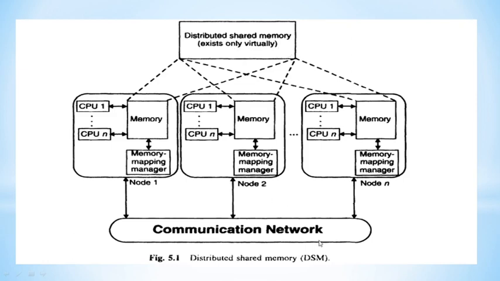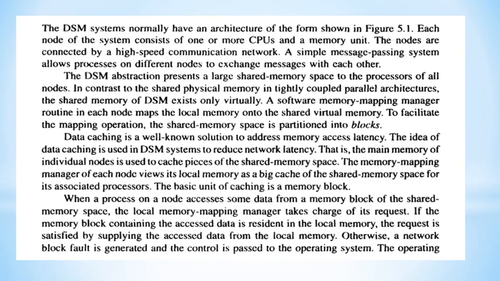This is the architecture of distributed shared memory, where there are a number of CPUs and memory units on node 1, node 2 and node n, connected via a communication network. As shown in the figure, each node consists of one or more CPUs and a memory unit.